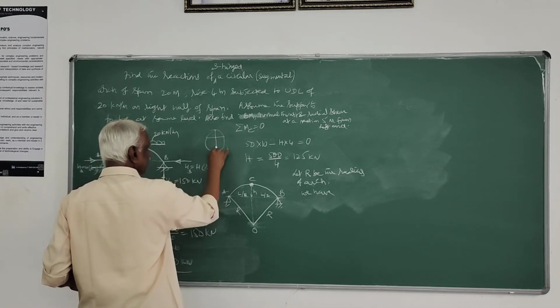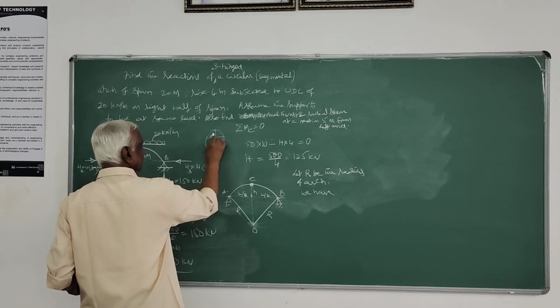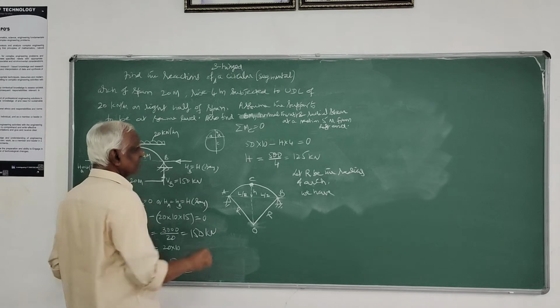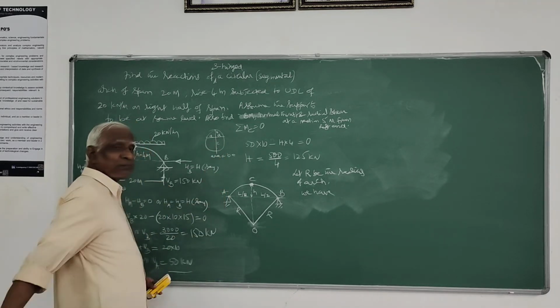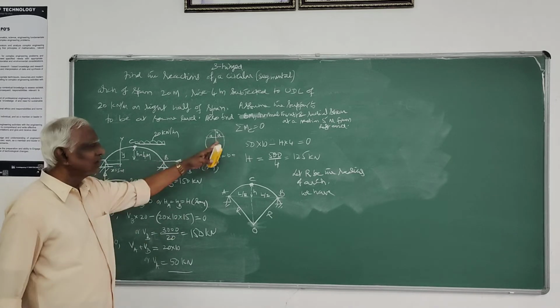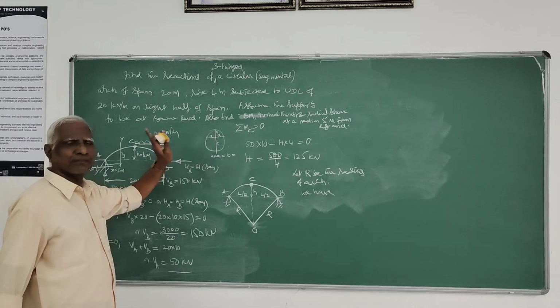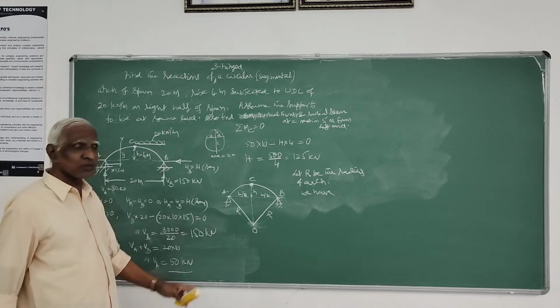The segmental rule says if you have A, B, C, like that, then A into A is equal to B into C. A, B, C. That is what the chord rule says.